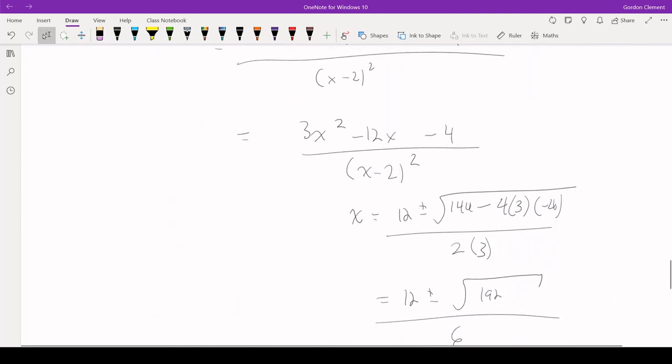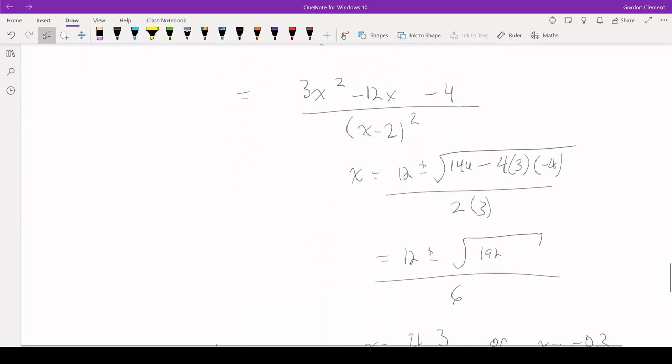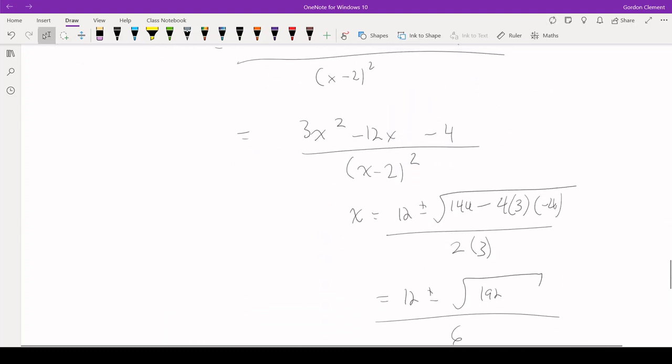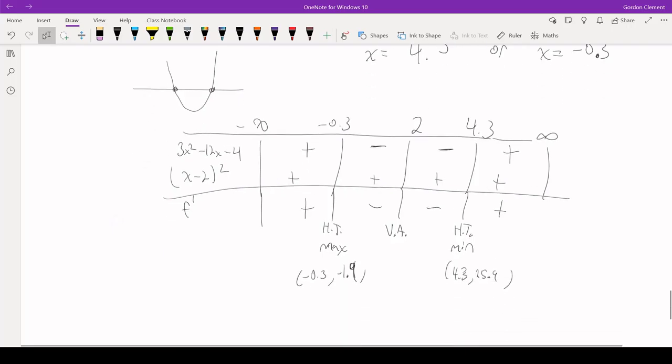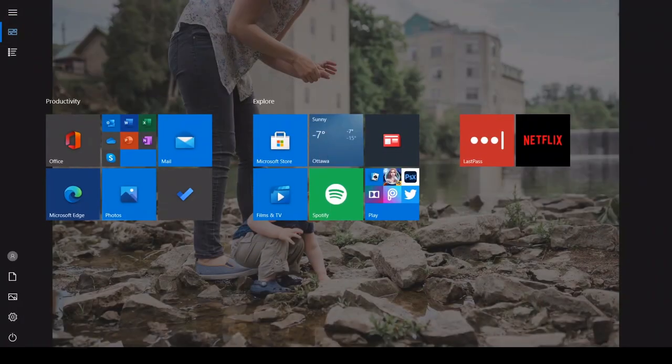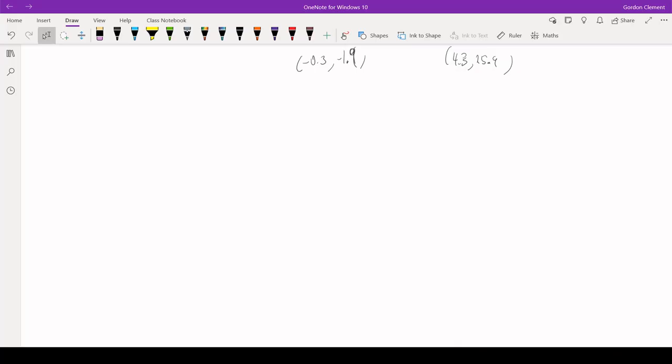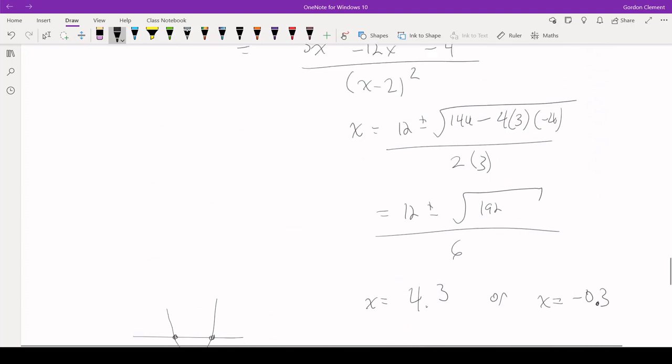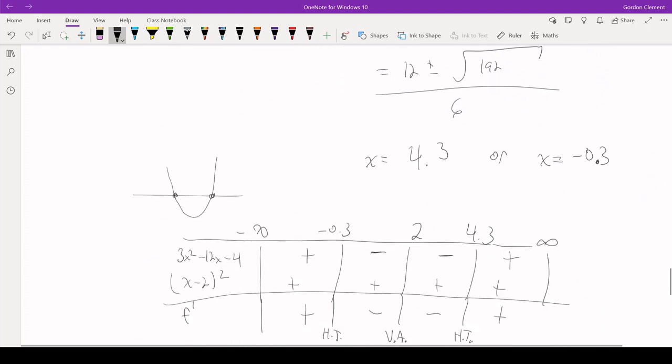So from there, now we need the second derivative, if I can find my first derivative. So there it is, 3x squared minus 12x minus 4. Bear with me. Yep.